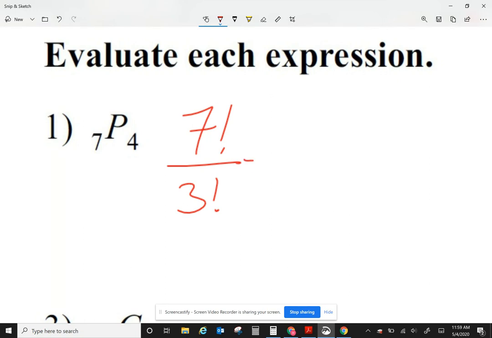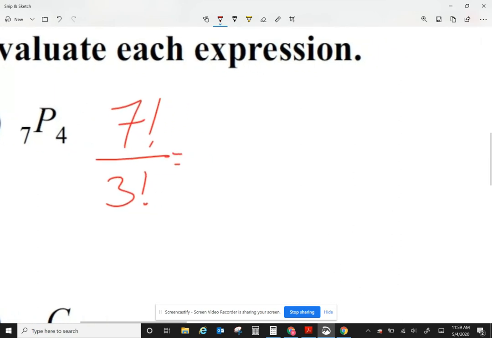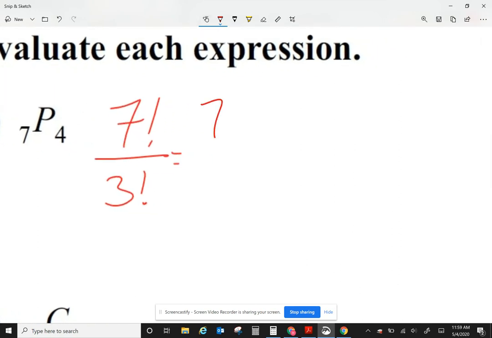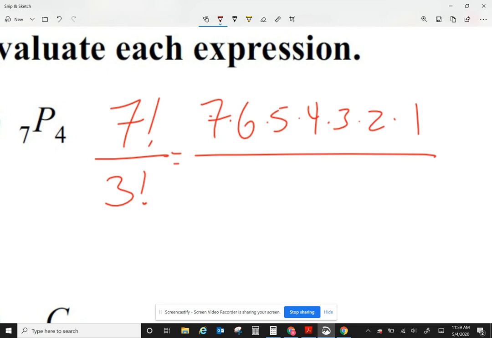So I know 7 factorial, mathematically speaking, is 7 times 6 times 5 times 4 times 3 times 2 times 1. From 7, I'm multiplying all my digits all the way to 1. Now, what's 3 factorial? It's 3 times 2 times 1. The 3's cancel out. The 2's cancel out.